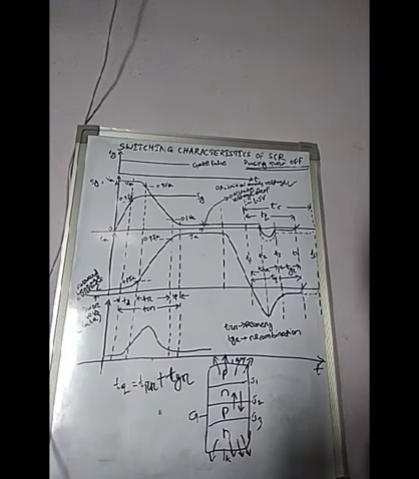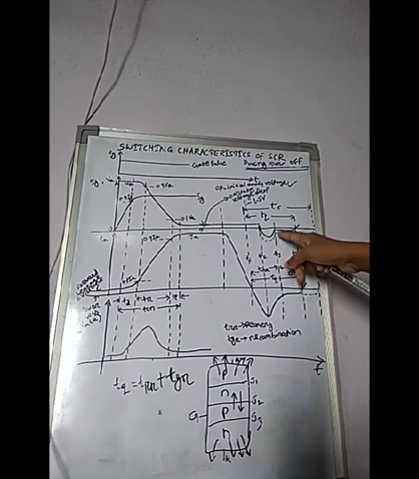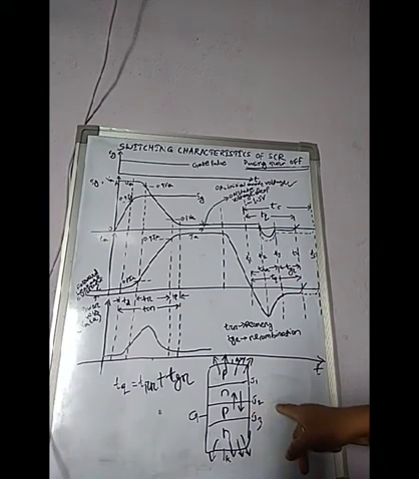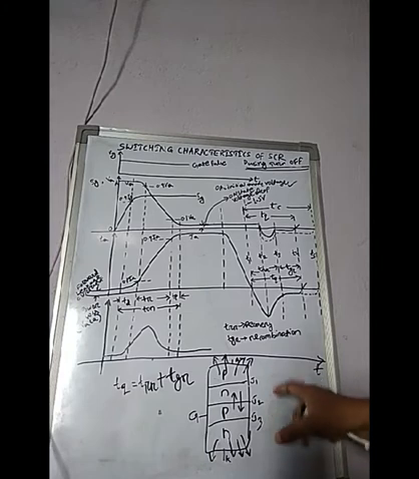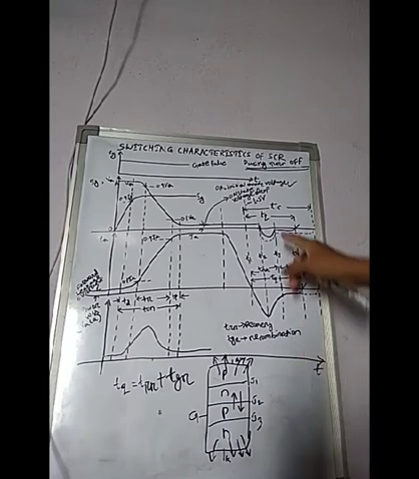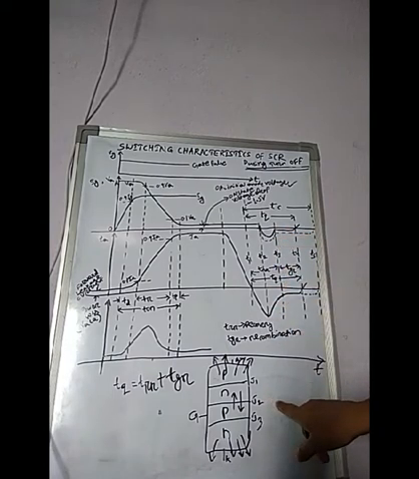At the end of the reverse recovery period, that is T3, the middle junction J2 still has charge carriers, still has some trapped charges. Therefore the thyristor is not able to block the forward voltage at T3. Due to the presence of charge carriers at junction J2, the thyristor cannot block forward voltage.